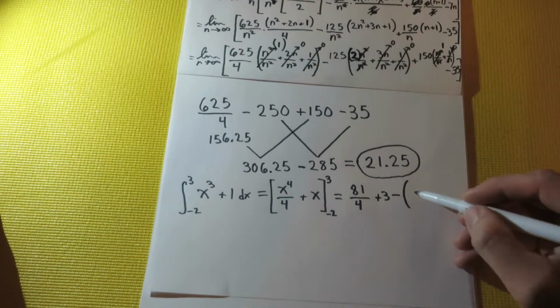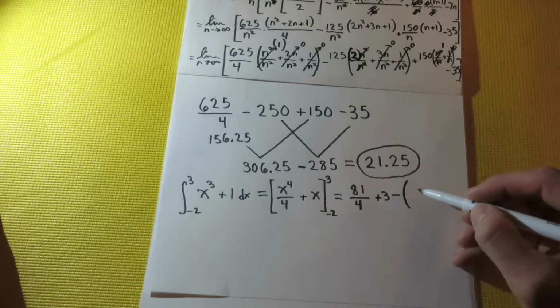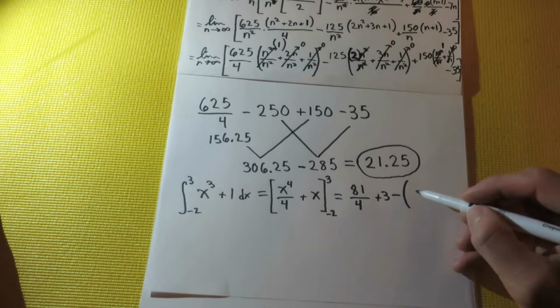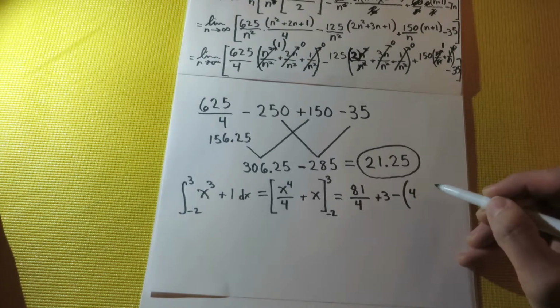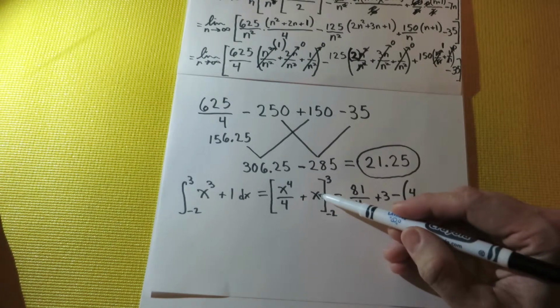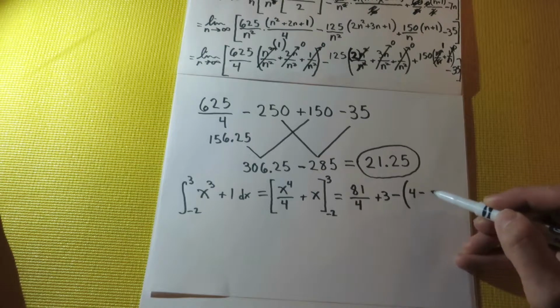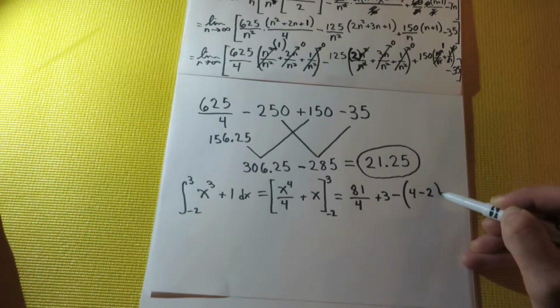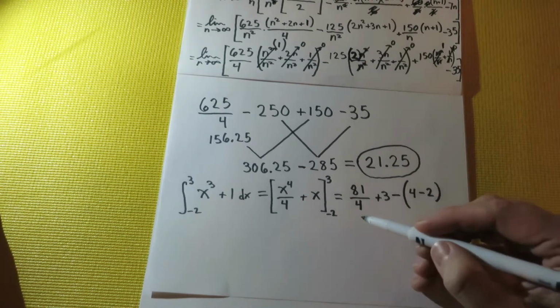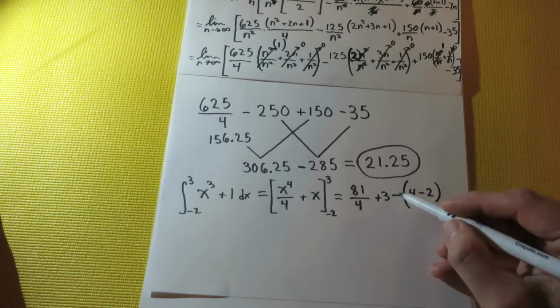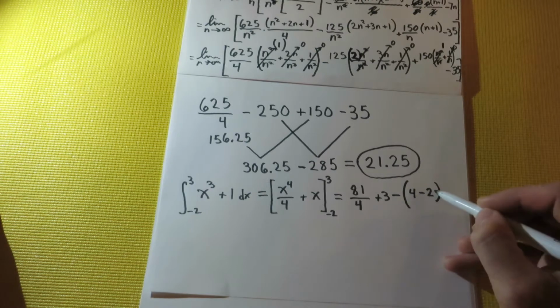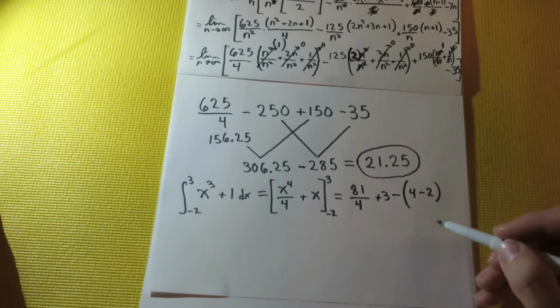That's just going to equal 4. And then we have x at -2 is just a -2. So here we're going to have a -4 and then a -2, so that's going to equal a +2.